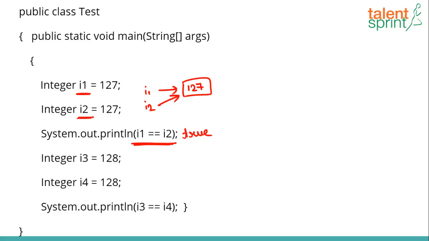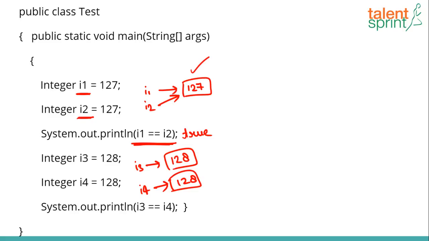Now this caching of integer values happens only till a certain limit. As soon as you go beyond this limit, that is beyond 127 in case of integers, and you create 128, every time you create 128, a new object will be created. So I3 will be pointing to this, and when you create I4, another object will be created that would be pointing to this.